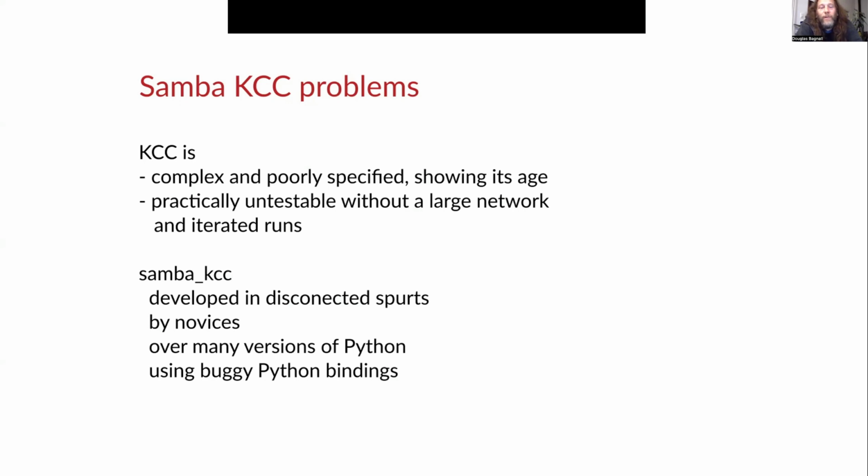So the trouble with the KCC protocol is it's badly documented. It's like Volker was talking about a 500-page document for the NFS, and this isn't that much, but it almost should be.